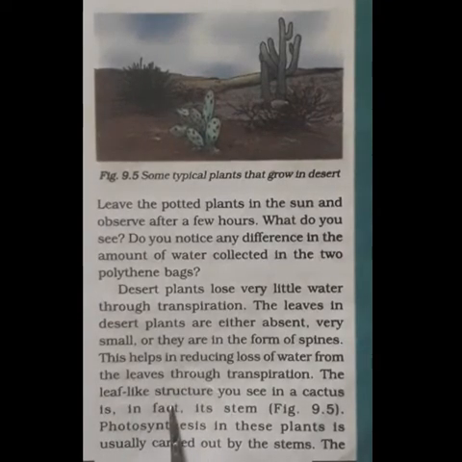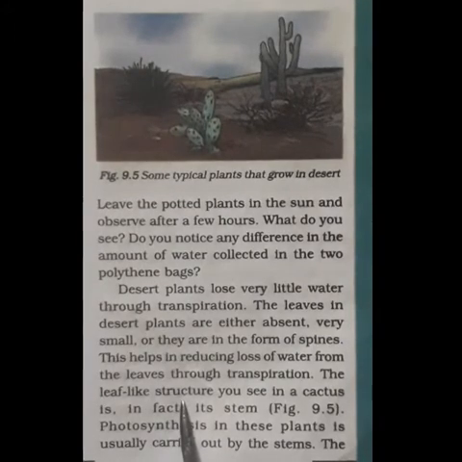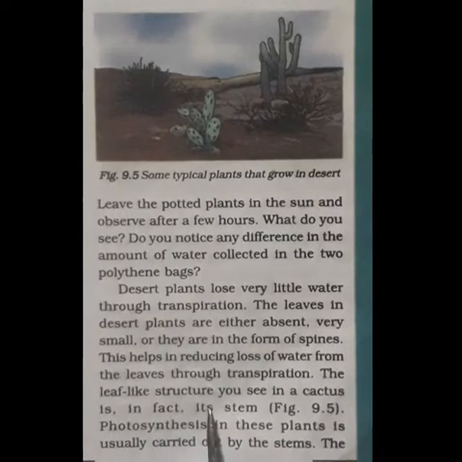The leaf-like structure that you see in the cactus is not exactly the leaf. It is the stem of the plant, a modified stem, whereas the leaves are modified into spines in the case of cactus.